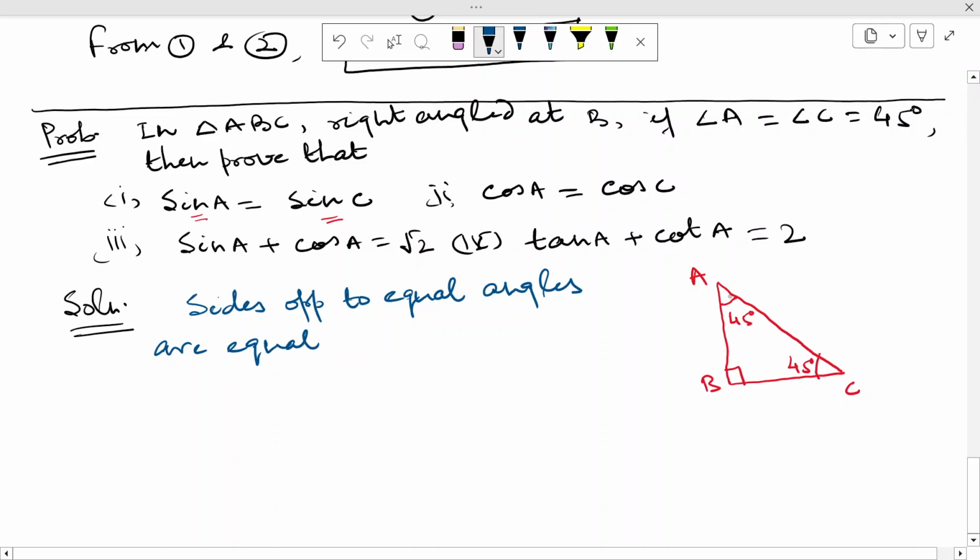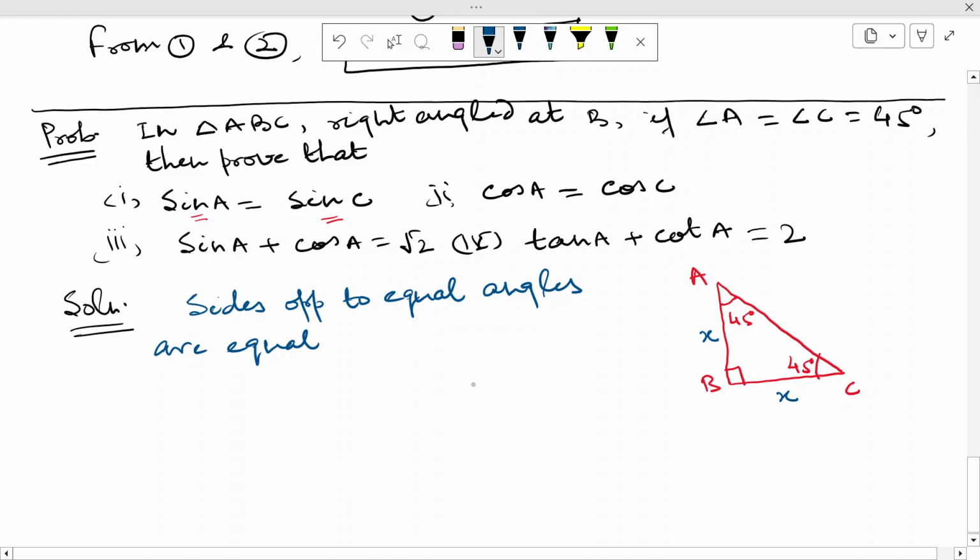As you can see, angle A is 45 degree and the side opposite to angle A is BC, and angle C is 45 degree and the side opposite to angle C is AB. So, let us assume that these are both x.